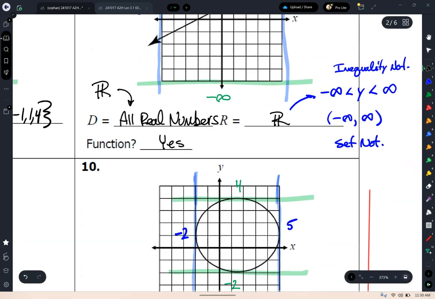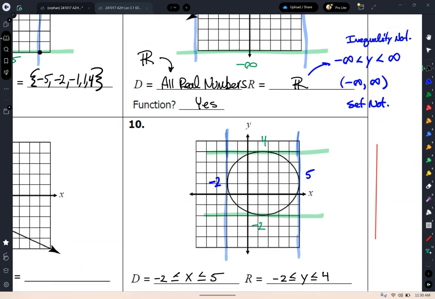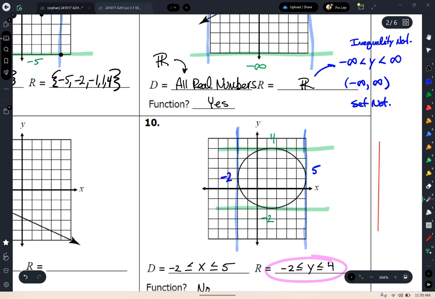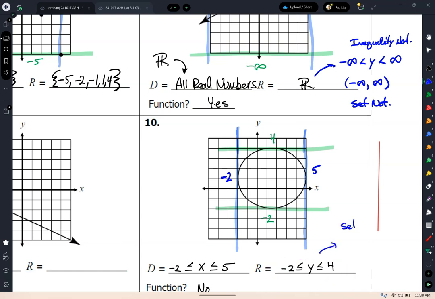By the way, let's come down here to our original one. So I told you that this was written in inequality notation, right? We could write that in set notation. In set notation, it's going to look like this.